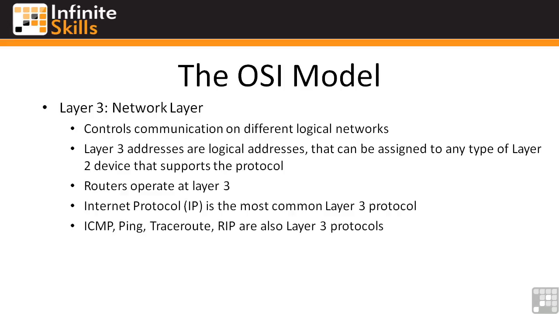The type of applications you'll see running at Layer 3 are ICMP, ping, traceroute, RIP, because all of those really only care about getting the data to the remote network. It doesn't have any higher level functions other than can I get any traffic at all to the remote network, like ping. Ping is technically ICMP, just like traceroute is technically ICMP.